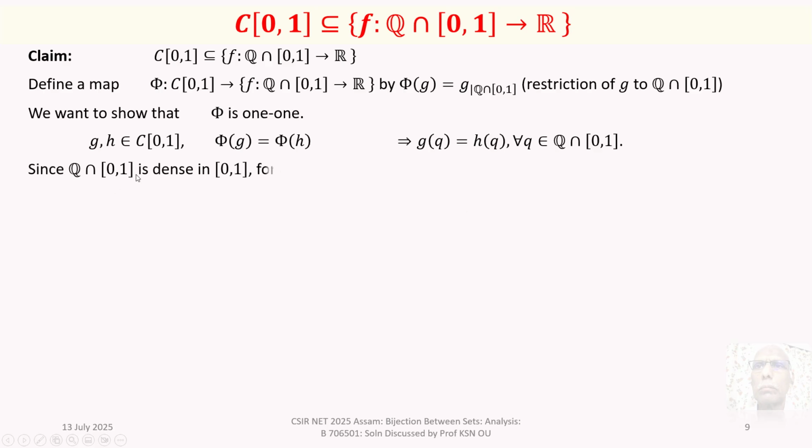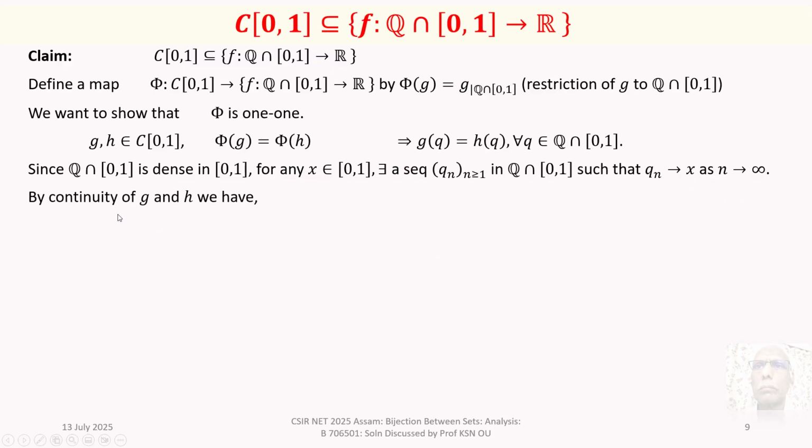Since Q intersection [0,1] is dense in [0,1], for any x belongs to [0,1], for any real number in [0,1], there exists a sequence of rational numbers q_n, n greater than or equal to 1, in Q intersection [0,1] such that q_n converges to x as n tends to infinity.